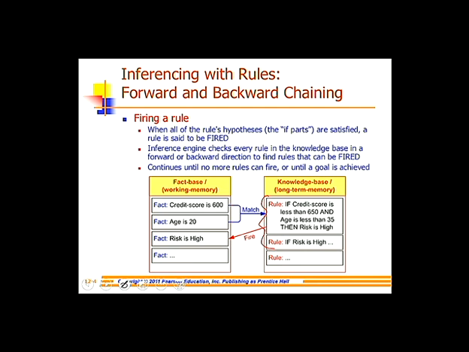We can add the then part in the working memory. Whether it is true or false will depend on the value of those facts. So this is what we mean by firing the rule.